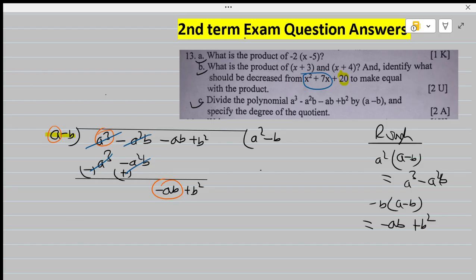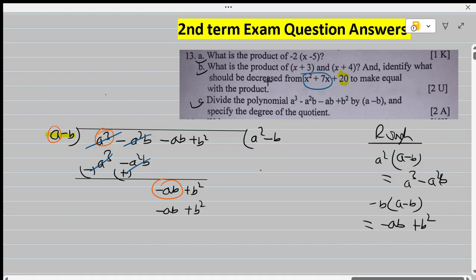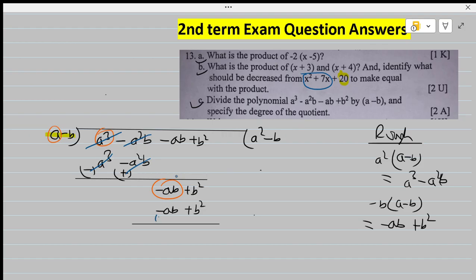We keep this minus ab plus b square, make one line, and change the signs. Minus ab and plus ab cancel, plus b square and minus b square also cancel. Therefore the quotient is equal to a square minus b.